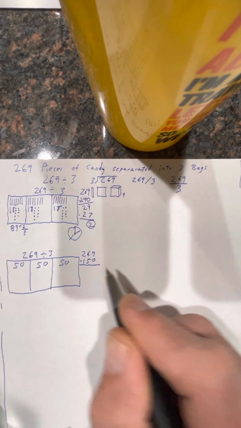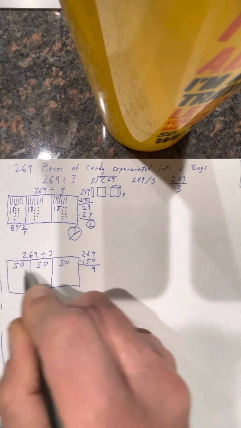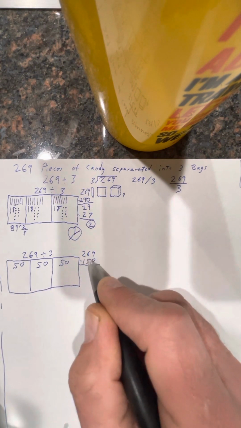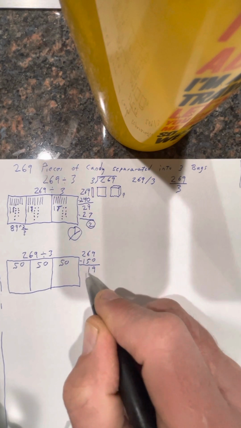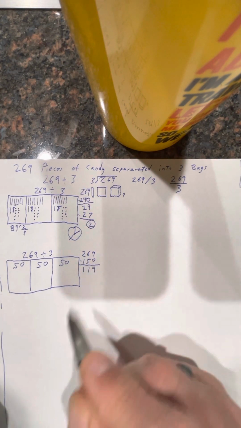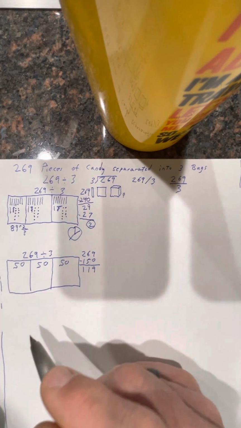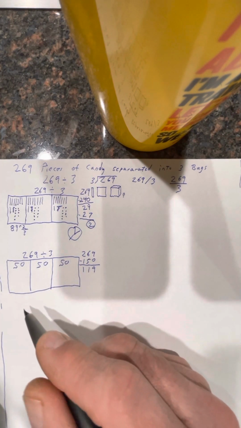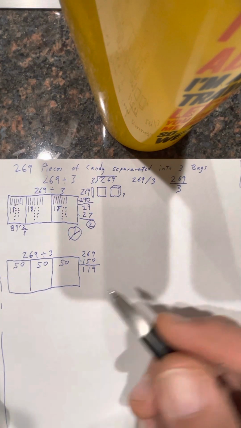Okay, and I just subtract it, because I've already used up 150 of them. Now 150 is more than 119, so I can't do the 50 again. Let's see. Well, 25 is easy.